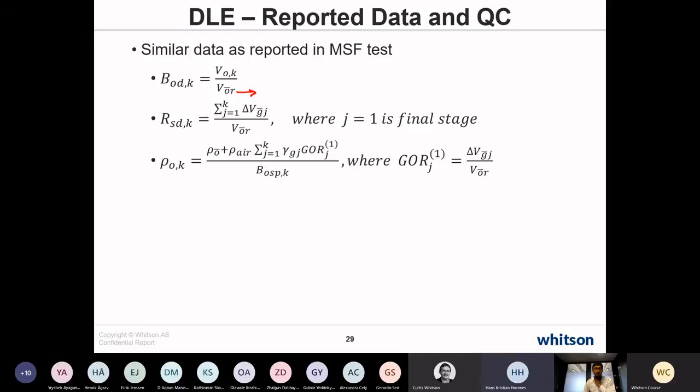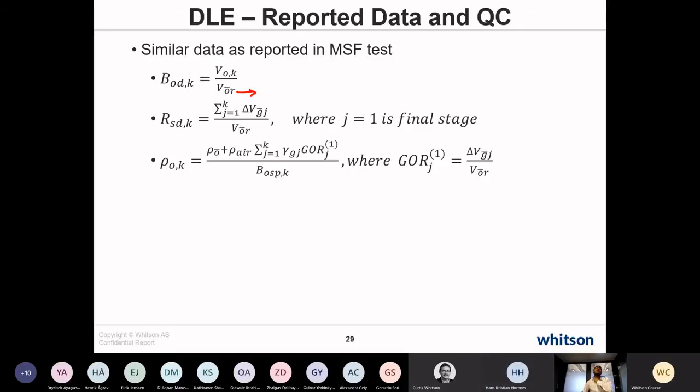It's not possible because you normally have many stages and you have to expand and have a sufficient volume to expand in the volume of the cell. You have not so much stock tank liquid when you finish there. So in the DLE, you definitely do not measure any densities except the stock tank density at the end, and then you calculate all densities.